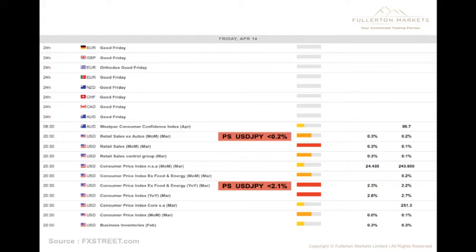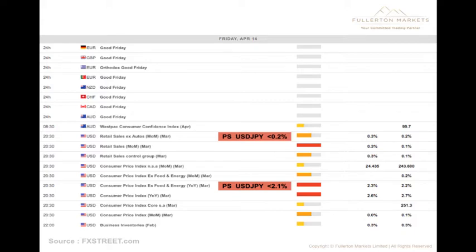Basically Europe, most of Europe are celebrating. US, Australia, and Canada are also celebrating Good Friday. So knowing that it is a holiday, potential market liquidity could be thinner than usual. Okay, so if you are trading the market, you need to be aware.